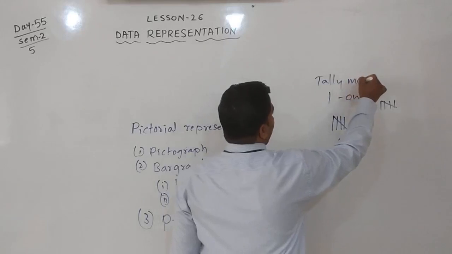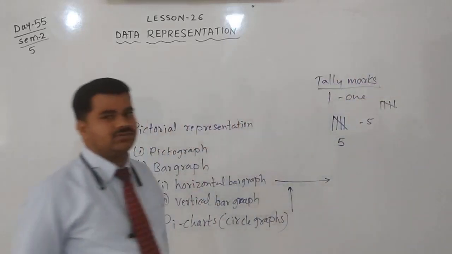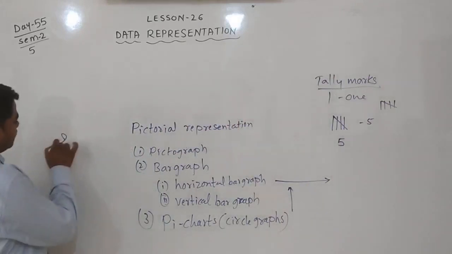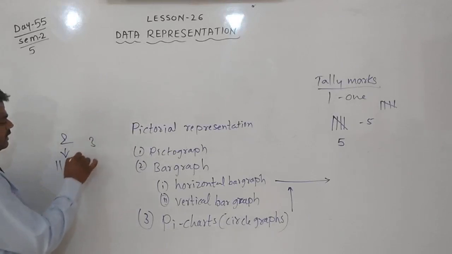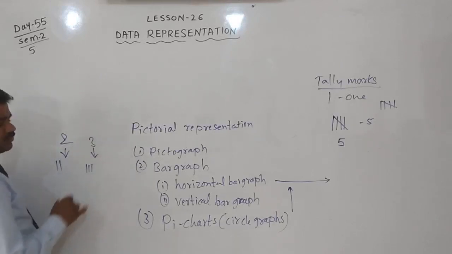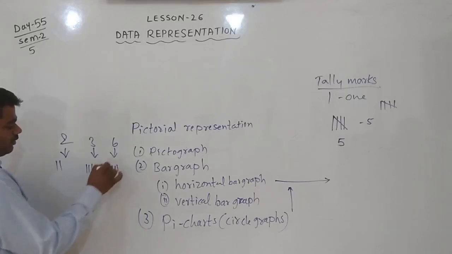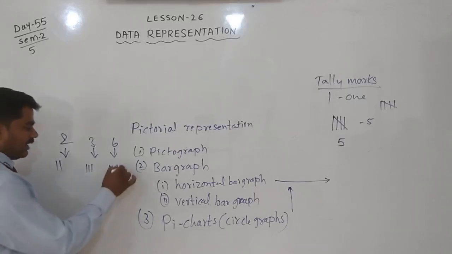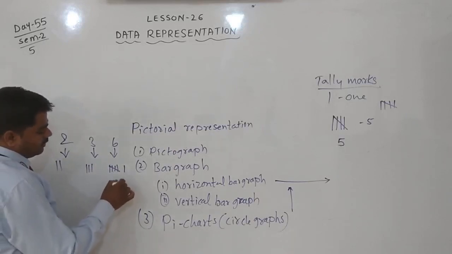We learned all this about tally marks in 4th and 3rd standard. If 2 people, write 1, 2. If 3 people, tally marks 1, 2, 3. For 6 people, only 1, 2, 3, 4, 5, and after that again you start with 1. You should not write 1, 2, 3, 4, 5, 6 like this.